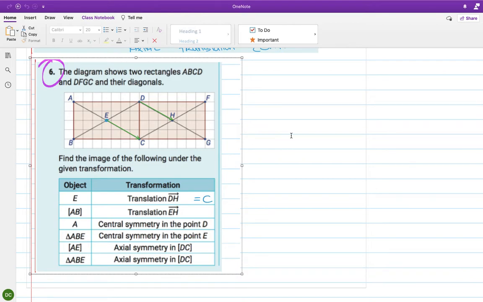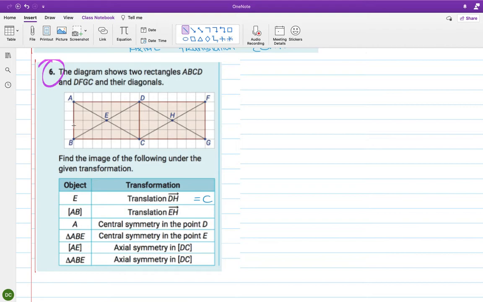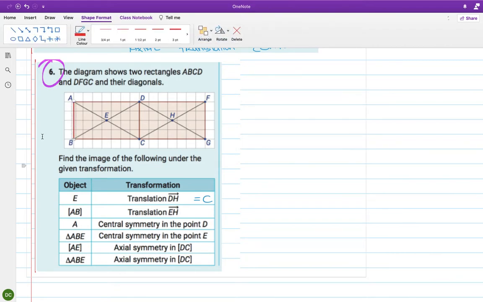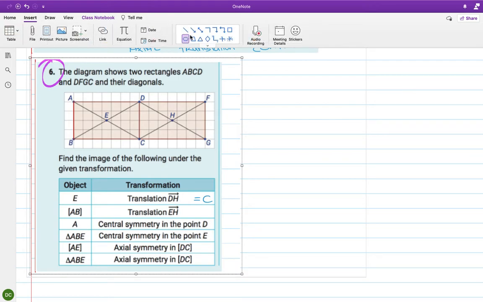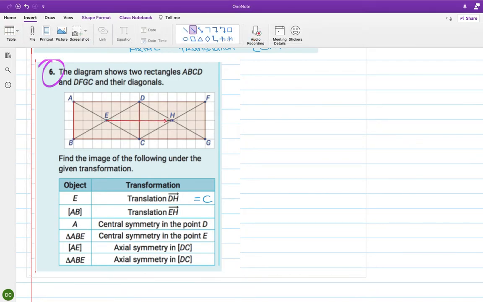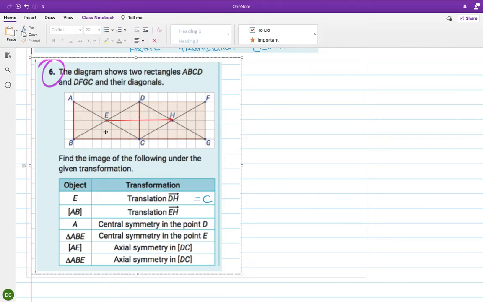Okay, and the next one, we want to take the line AB, which is here, and move it under the translation E to H. Insert a line, from E to H. How many boxes are we moving?